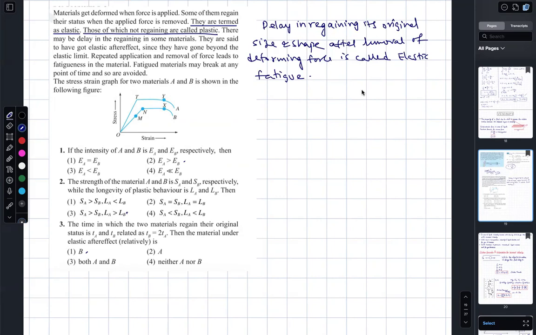Sometimes what will happen is they will regain the shape after some delay time. The stress strain graph of two materials A and B is shown in the following figure.